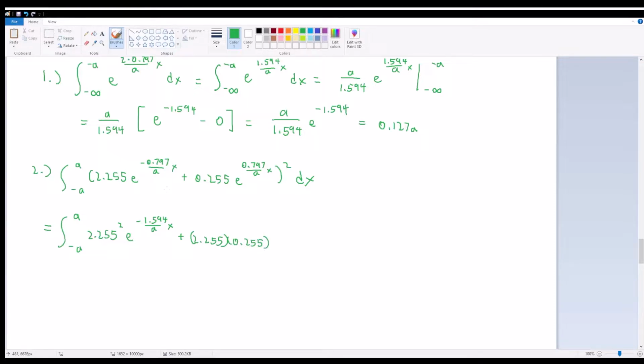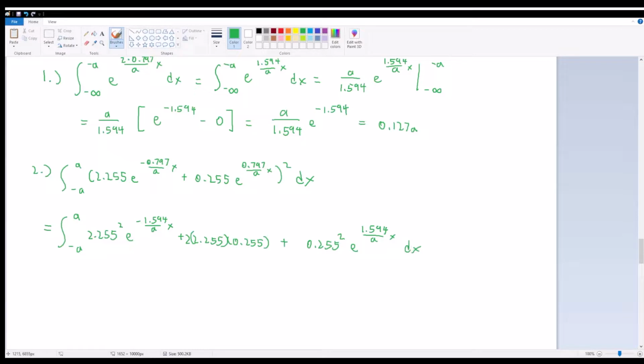Let's see, this one times this way, and then just 1, so yeah, and then we're multiplying it by a 2 at the front, and then we're adding finally 0.255 squared e to the positive 1.594 over a times x dx.